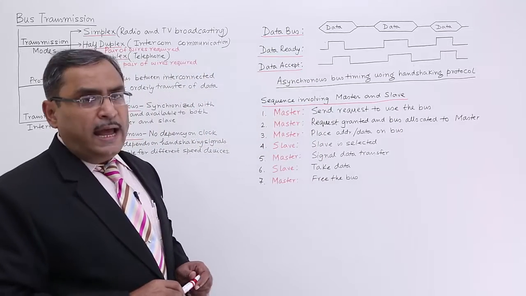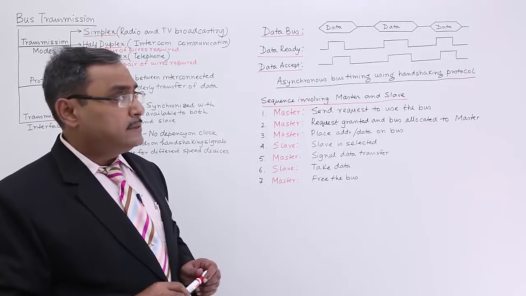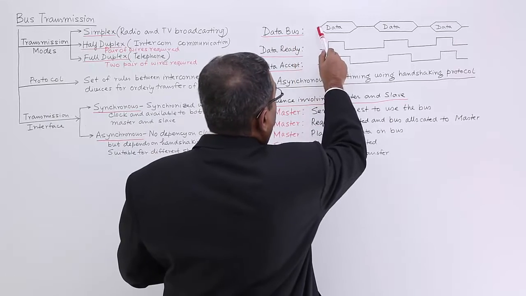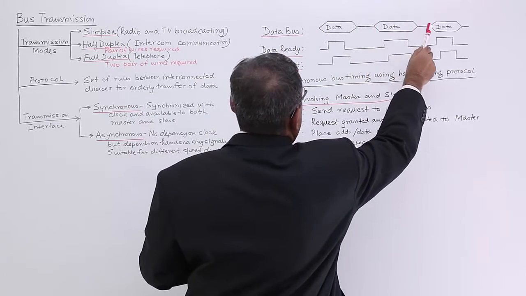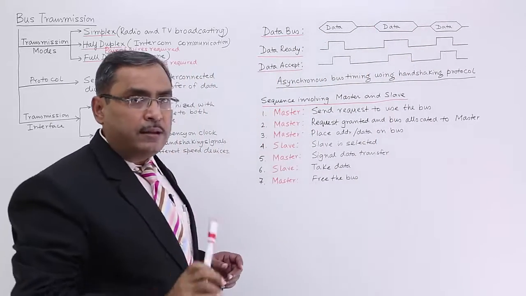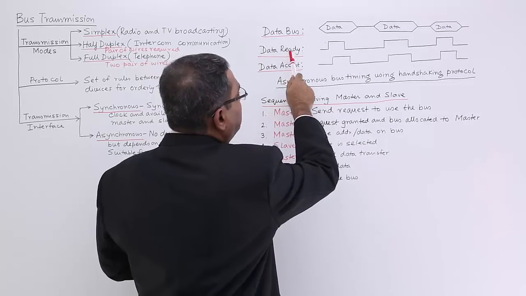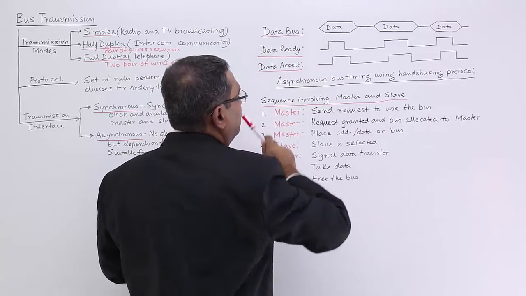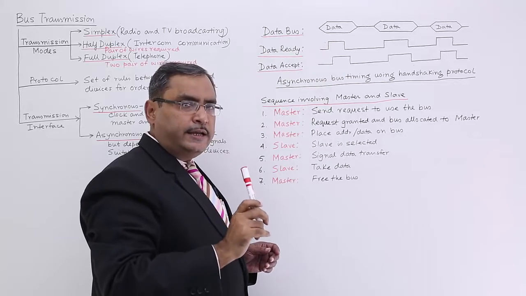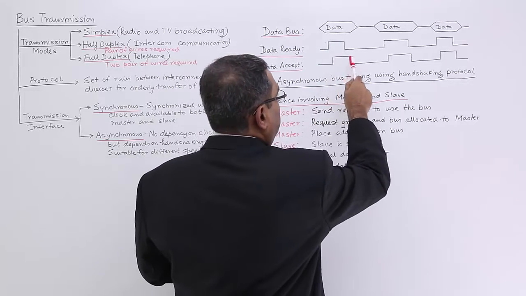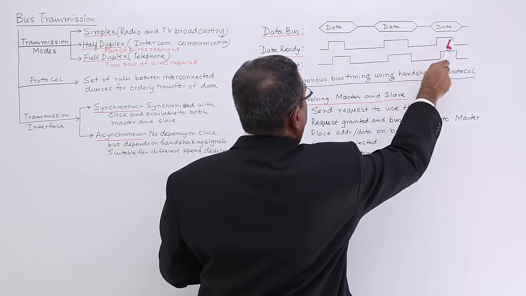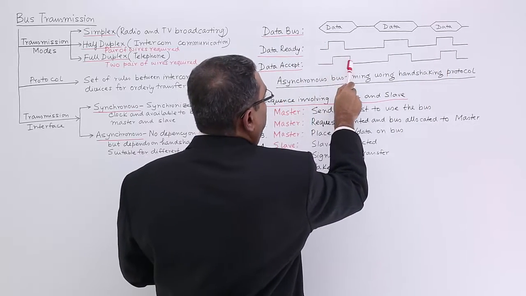Now, let us go for the asynchronous transmission in details. So, on the data bus, for this period of time, data is available. When the data is ready, when this handshaking signal data ready is on, then the transmission will be done and data accept will be done accordingly.